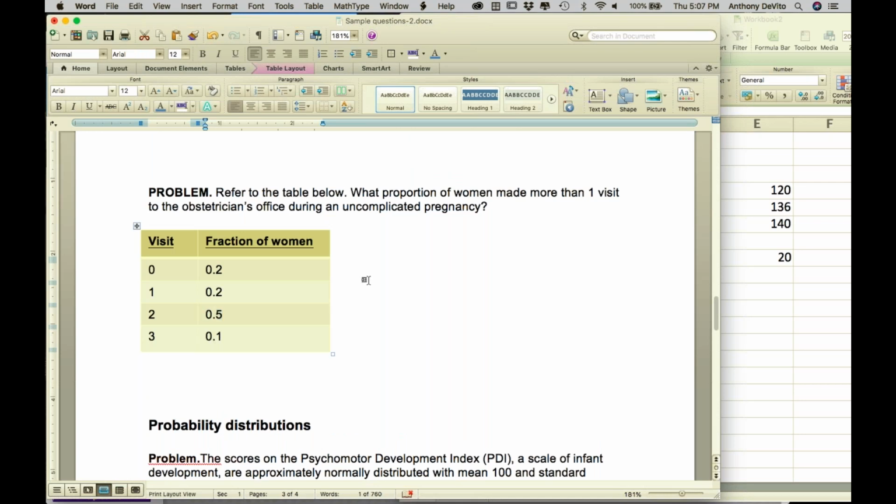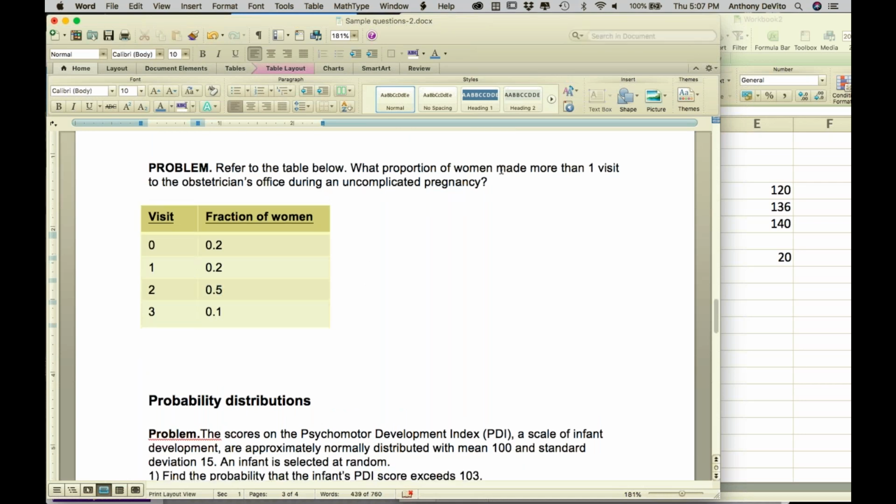So what proportion made more than one visit? That's the people that made two visits and three visits, so 60%. Good. What proportion of the population made less than two? That's going to be 40%. What percent of the population made one or more? That's going to be all three of these.